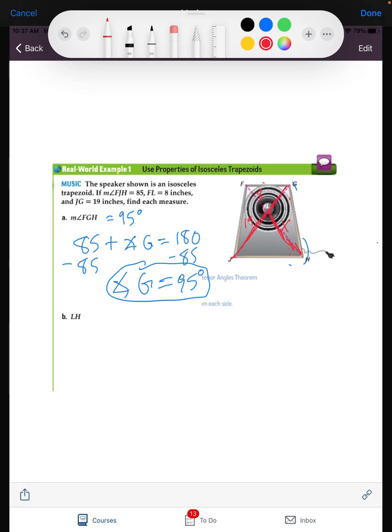We'll call this part x. So if our diagonals are equal, then 8 plus x, which gives us the diagonal, equals 19. So 8 plus x equals 19. And then we can subtract 8 from both sides. We get x equals 11.